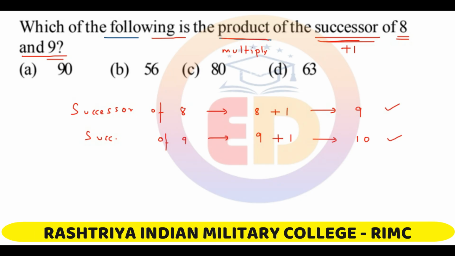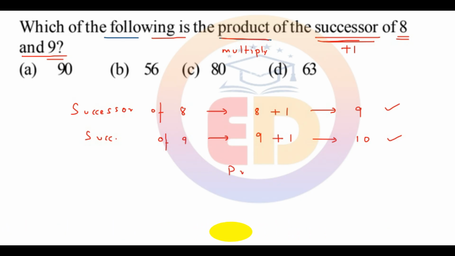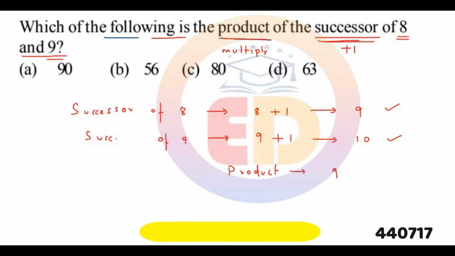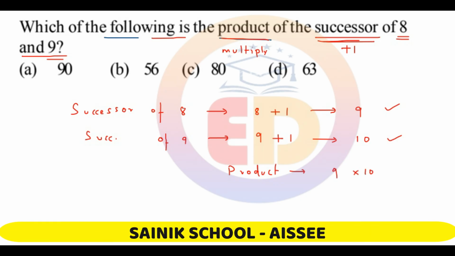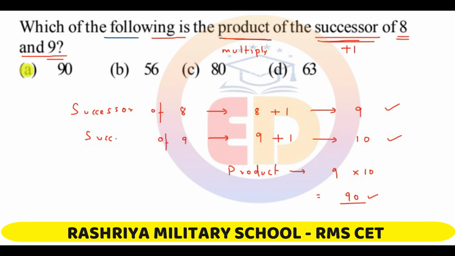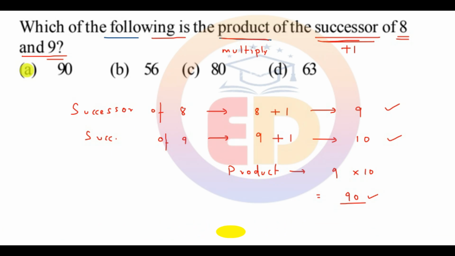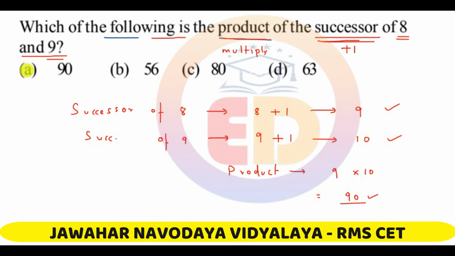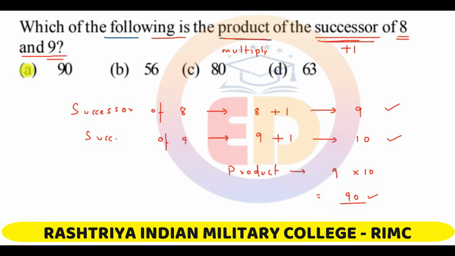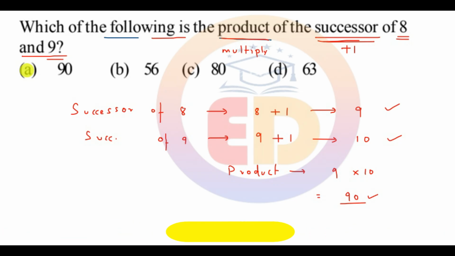We have to find the product of 9 and 10. 9 into 10, it will give me 90. My answer is option number A. This question was relatively simple, but you should be able to understand the language and should be able to work out. Answer will be option A, 90.